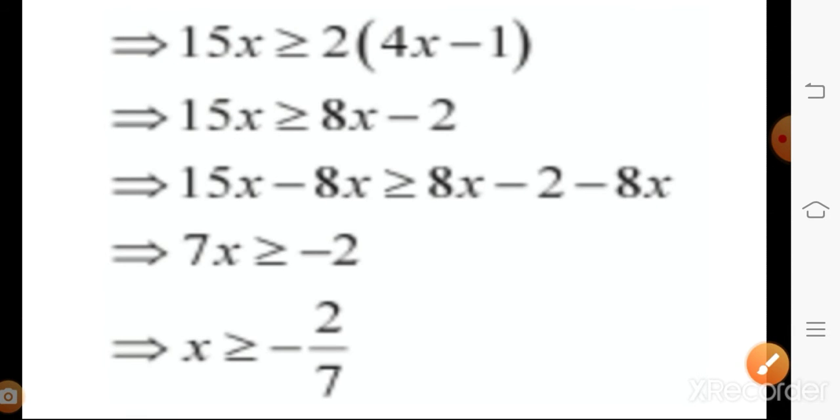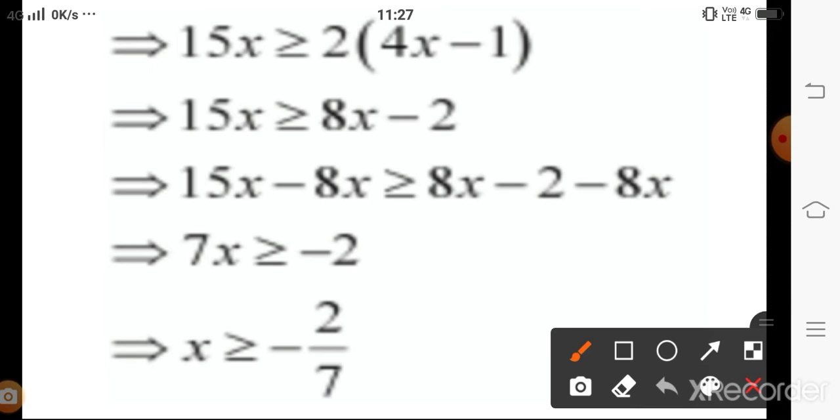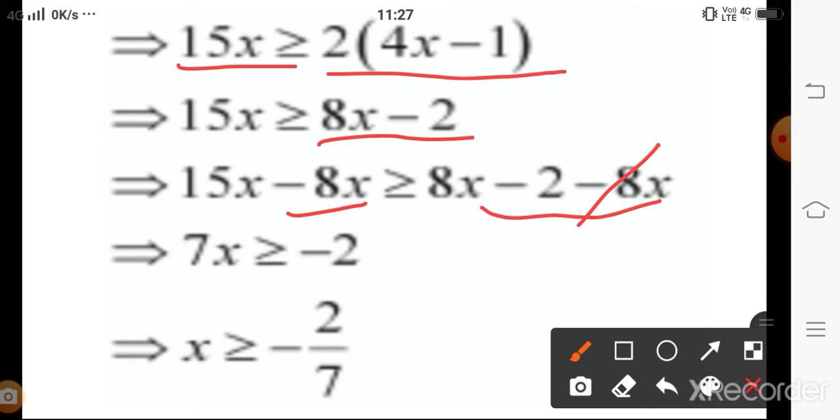Now, solving further, on multiplying both sides by 2 we get 15x greater than or equal to 2 into (4x minus 1), that is 8x minus 2. To remove 8x, we subtract 8x on both sides, and 8x cancels out on the right hand side. 15x minus 8x gives 7x, and 7x is greater than or equal to minus 2.